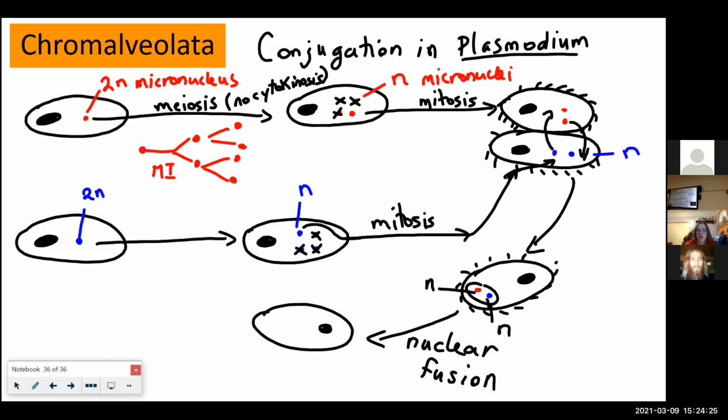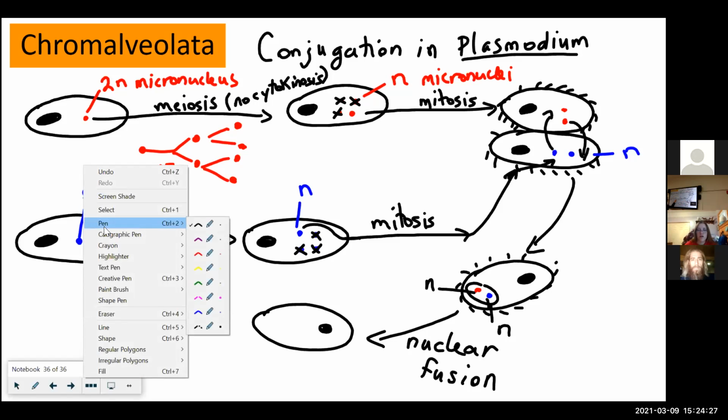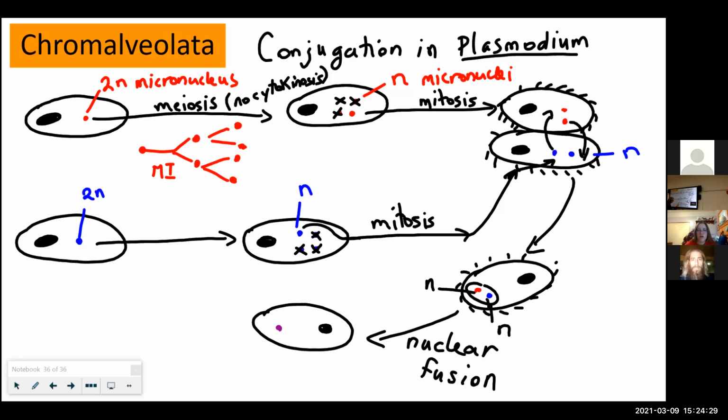So what do you end up with? You end up with a diploid micronucleus. This diploid micronucleus undergoes 4 rounds of mitosis.